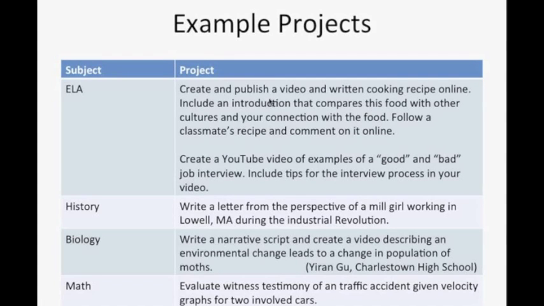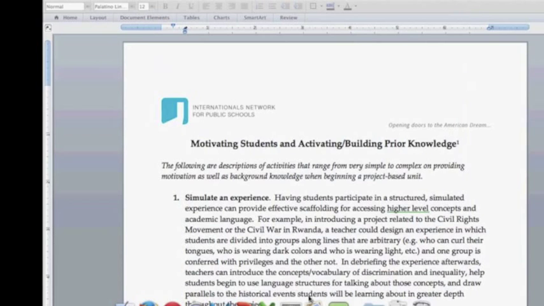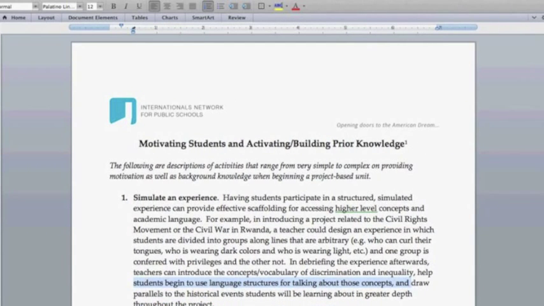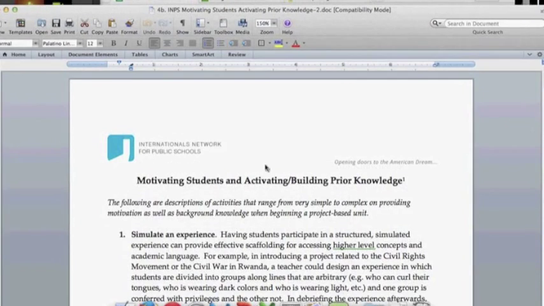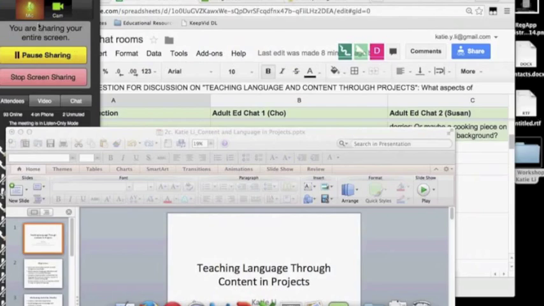of looking through some of the motivating activities that are possible, as well as looking more closely at some of the language aspects of that project. Okay. So these are the motivating activities that you could do with students.